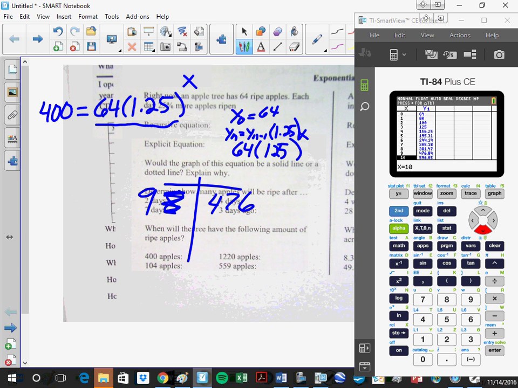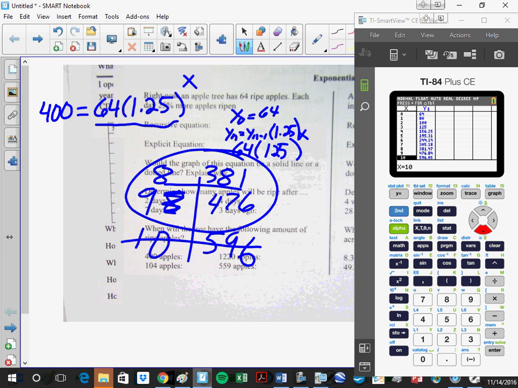Okay, so this is important. Some of you are working off to the side. Watch this. 10 gives me 596. Oh, sorry, an 8, that doesn't do us any good. 8 is 391.